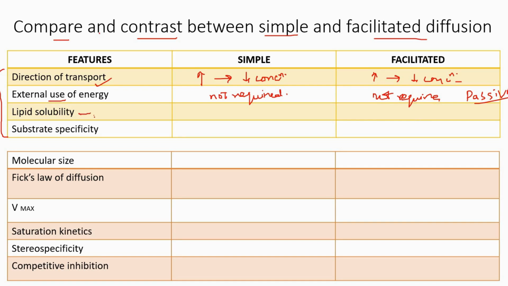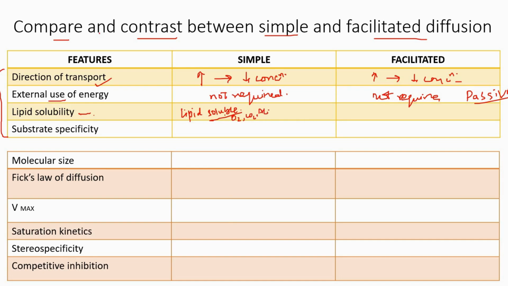Lipid solubility. Lipid solubility is present in simple diffusion if the substance is crossing the lipid bilayer. A lipid soluble substance can cross the lipid bilayer directly, like oxygen, carbon dioxide, alcohol.